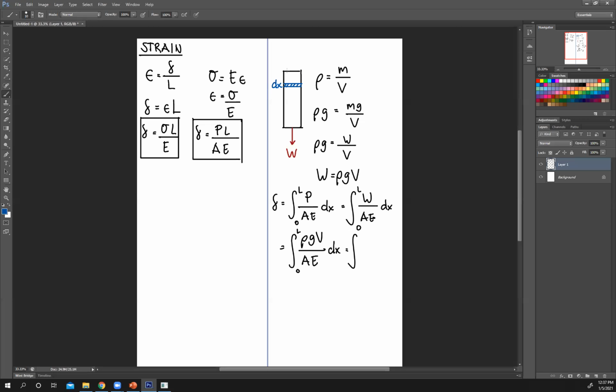For this element, the region that is causing it to deform is everything below it. This part of your bar does not affect how this elongates. Therefore, the only thing that affects this part is everything below it. So let's say the height of that is your x.